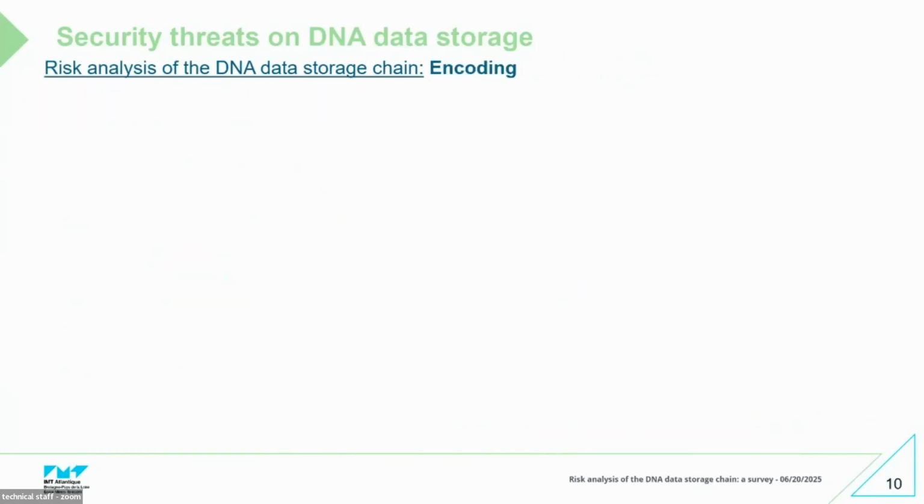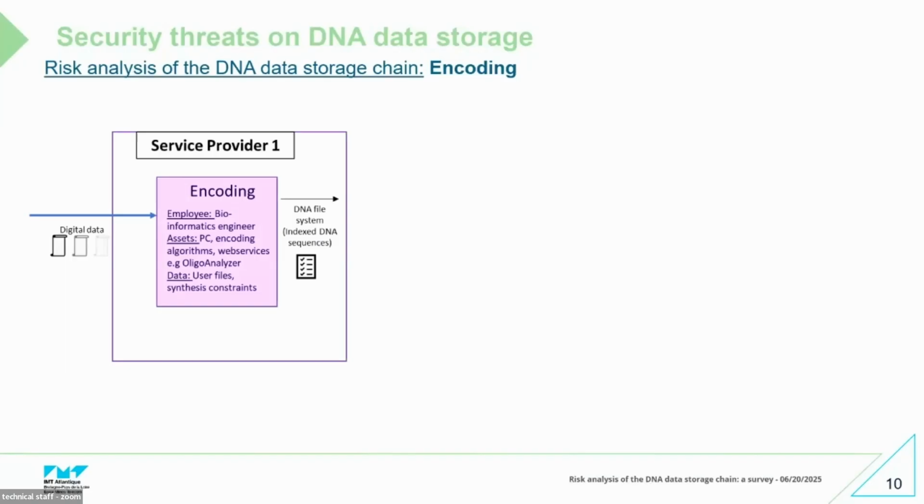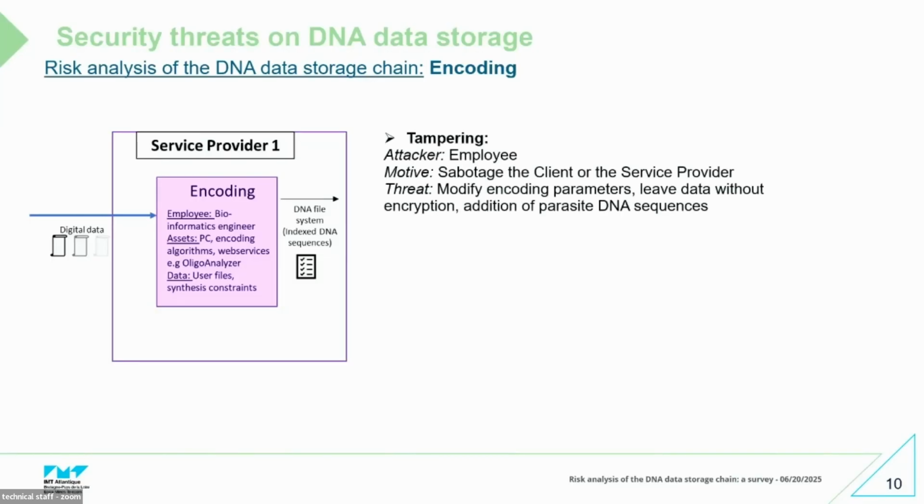Let us now see the threats at the encoding step. So encoding is carried out by an employee of the service provider. He receives the data from the customer and organizes it to prepare it for the synthesis. So only one type of threat has been identified at this step. Here the aim of the attacker is to sabotage the encoding, to harm the customer or the service provider.